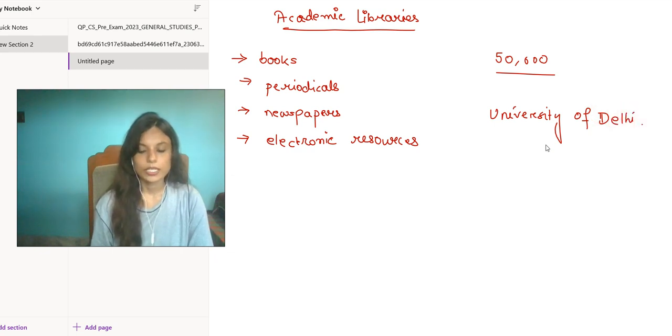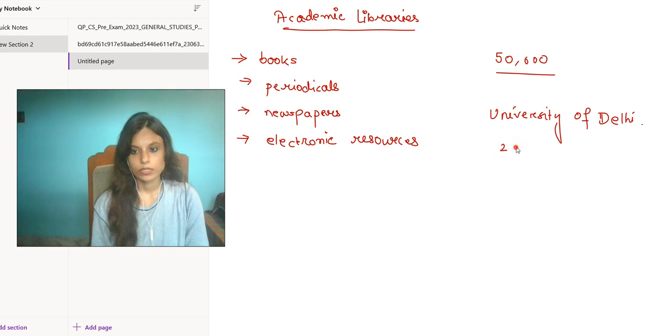The University of Delhi has a huge collection, around more than 2 million books. Then manuscripts, maps, and whatever materials are normally available in a library, all those things can be available here also.